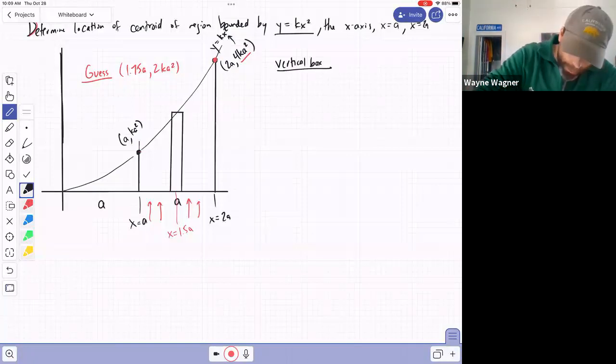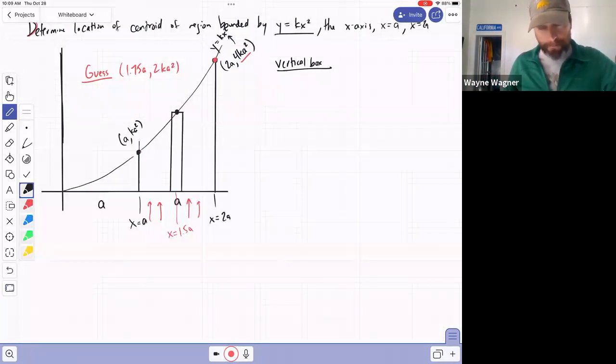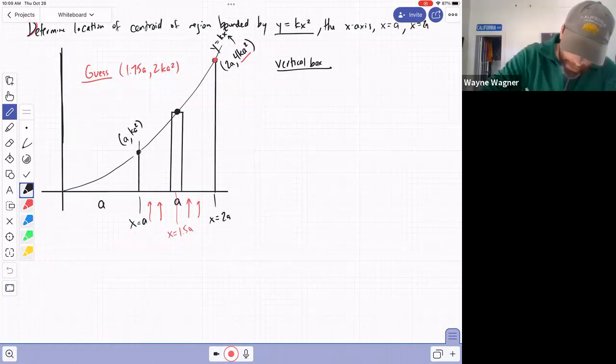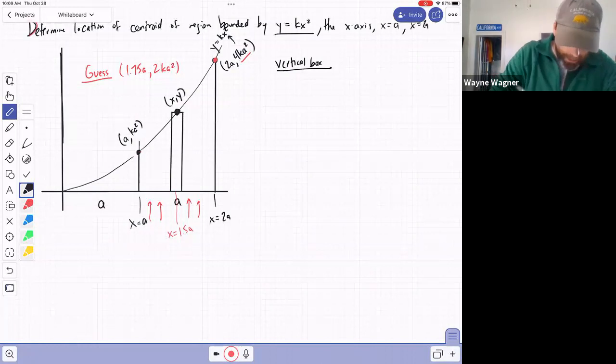What are the coordinates of this point at the top of the box? X, Y. Good.